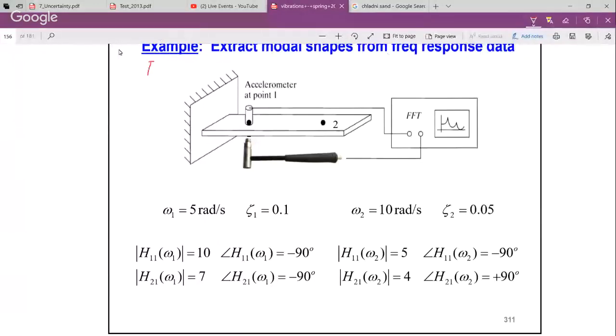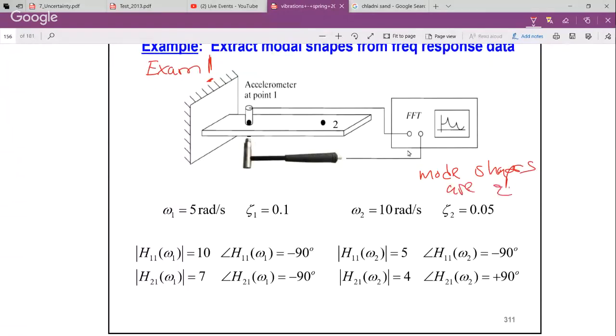I can give you a problem like this: given this data already extracted from your frequency response measurements, determine the mode shapes. In this case your mode shapes are going to be 2x1s, but the procedure is the same as before.